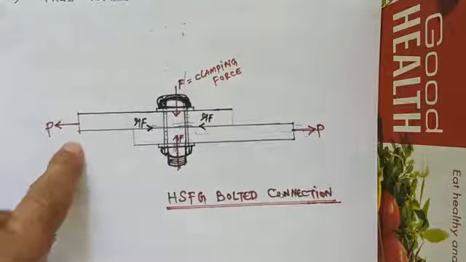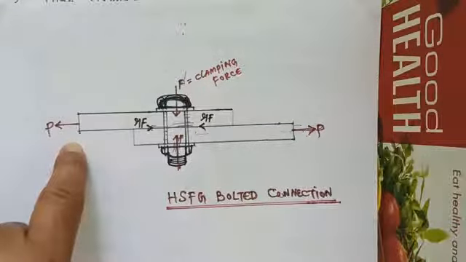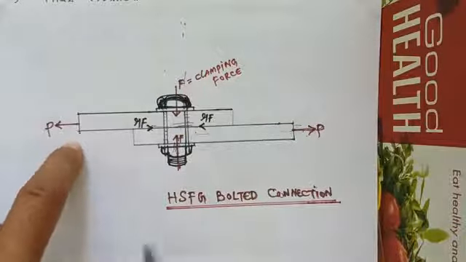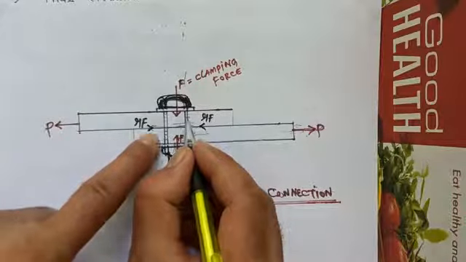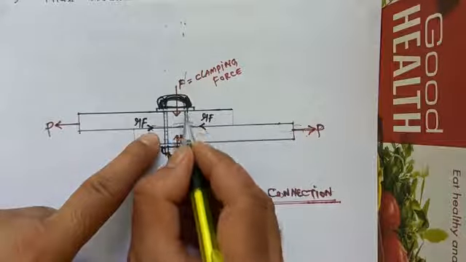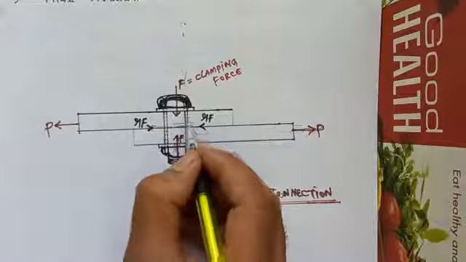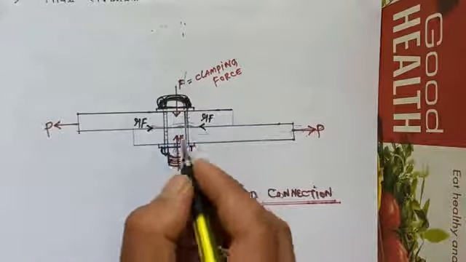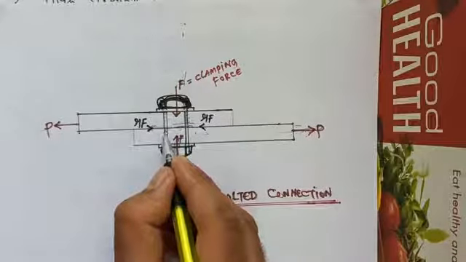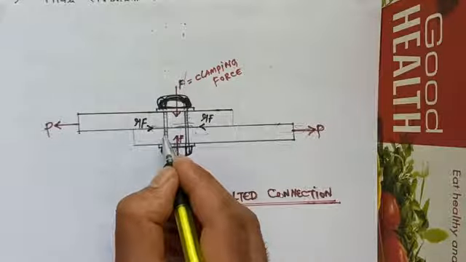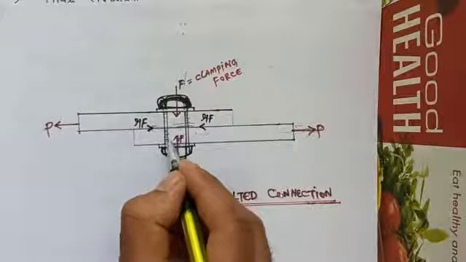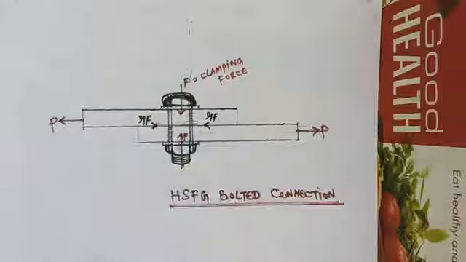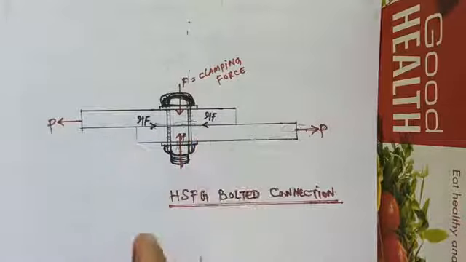So if the load coming on the plates is more than the frictional resistance, there will be displacement of the plate, so there will be direct bearing of the plate on the bolt. Similarly, in this case, there will be displacement of the plate in this direction, so there will be direct bearing of the plate on the bolt. So there will be direct contact between the two surfaces, that is bolt surface and the plate surface.